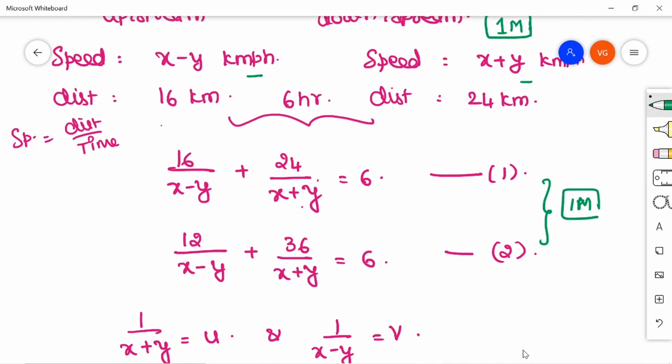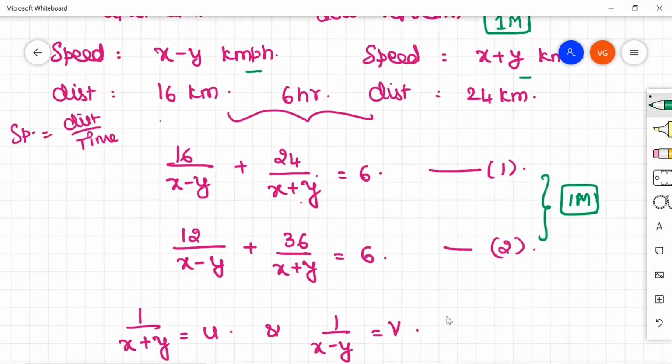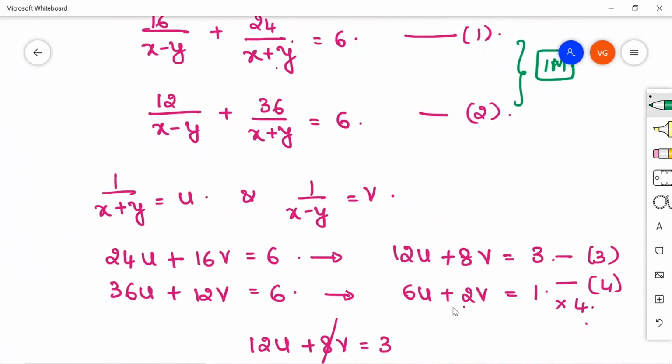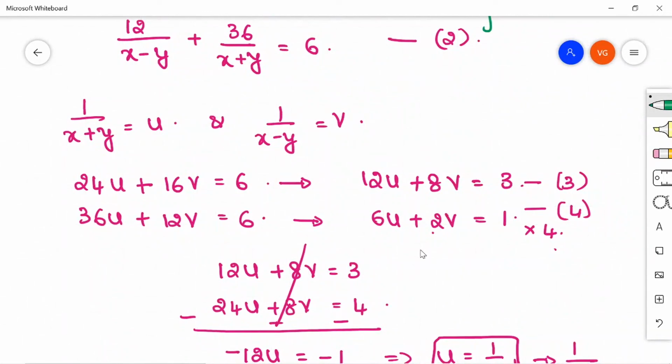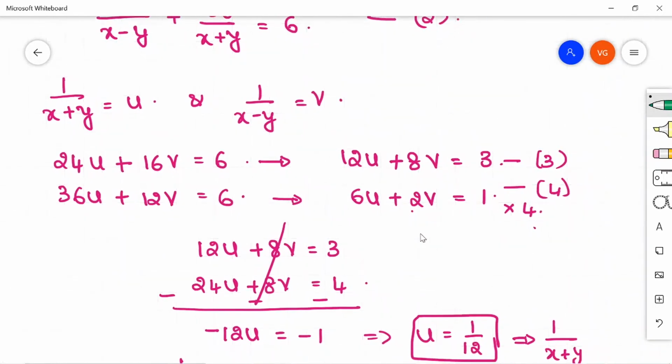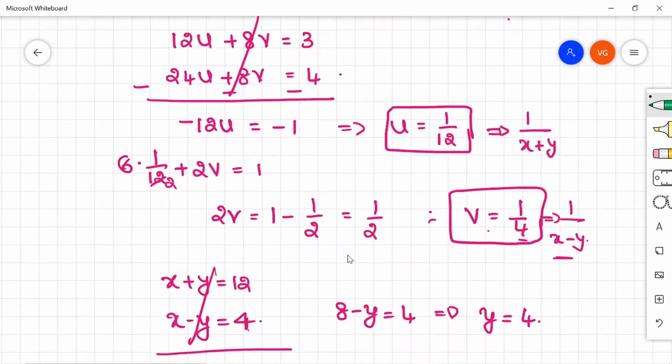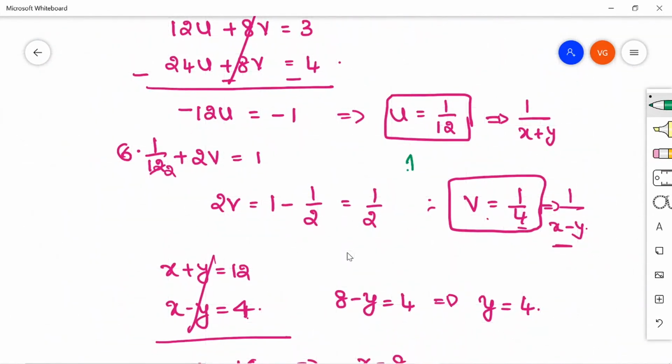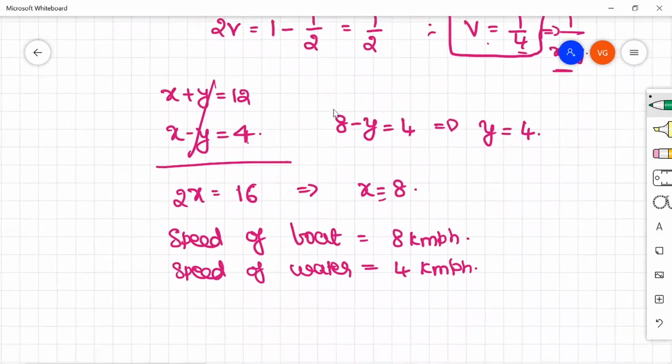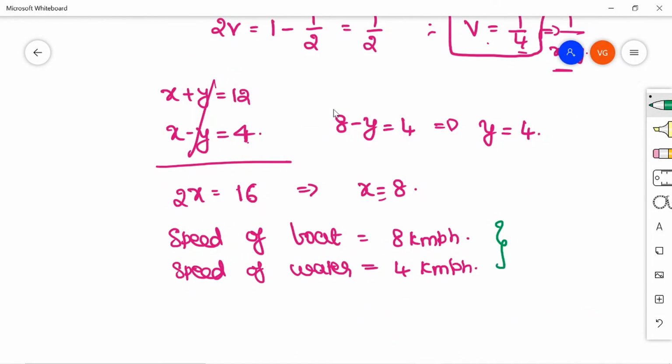Then assuming 1 by (x plus y) is equal to u and 1 by (x minus y) is equal to v, and writing equation number 3 and 4, you will get 1 more mark. Then solving the value of u and v, you will get 1 mark. Then writing down the final answer, finding the value of x and y, you will get another 1 mark. So this is how they have divided the 5 marks.